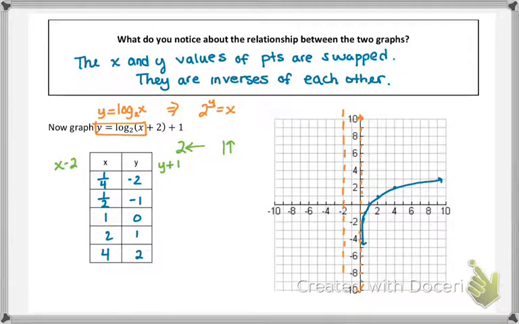Moving things up 1 would not change my asymptote. But left 2, I'm going to slide everything over, and I know that my graph still can't go past this vertical line at -2. Okay, so I'm just going to slide everything over. 1/4, -2 is going to go over left 2 and up 1.